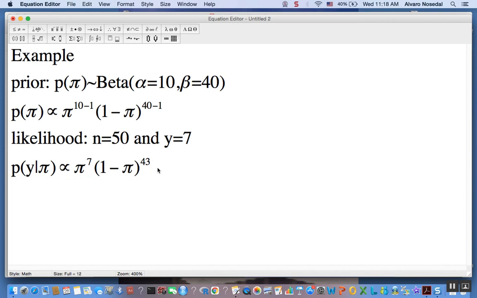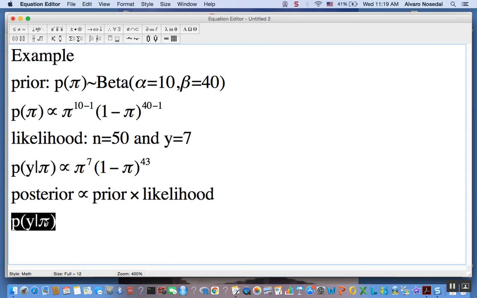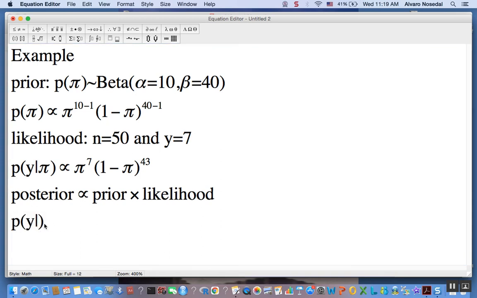Okay, and we also know that the posterior, in words, is proportional to prior times our likelihood, and in symbols, the probability of pi given y, this one is going to be inverted.